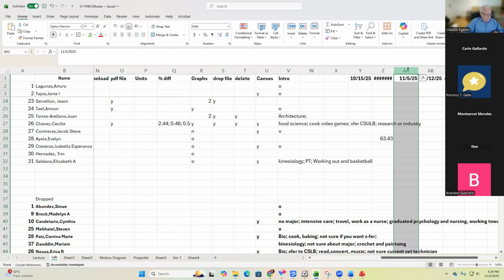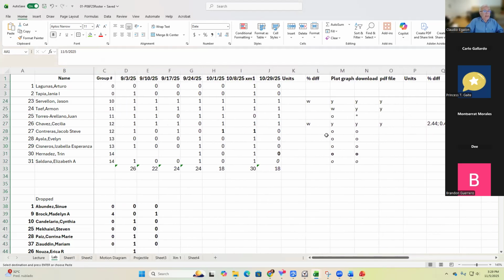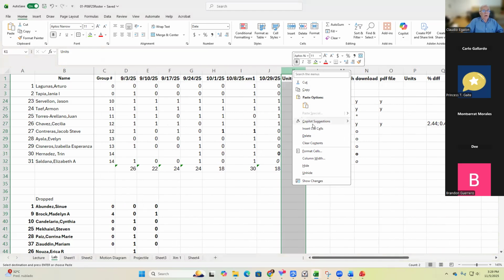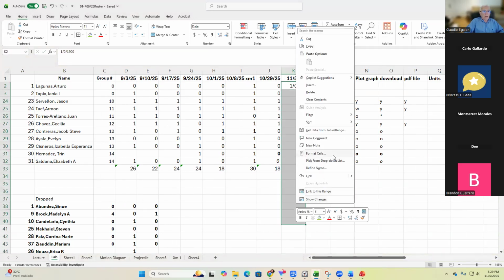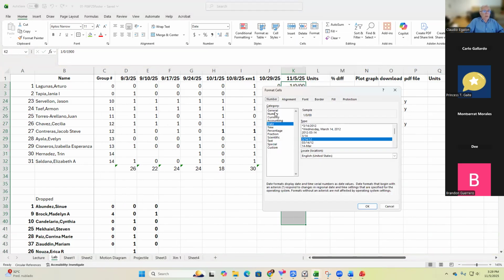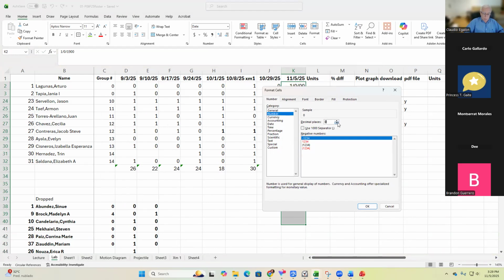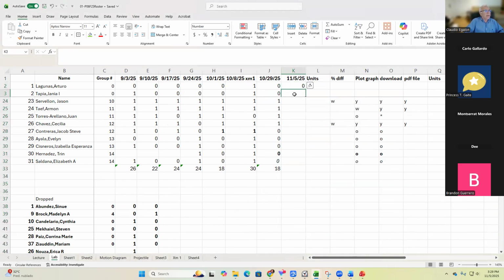And then I'm required to drop those students myself, okay? So that's why I'm taking the attendance right now. Here you go. Arturo Lagunas. I don't see Arturo here. Next is Jania Tapia.